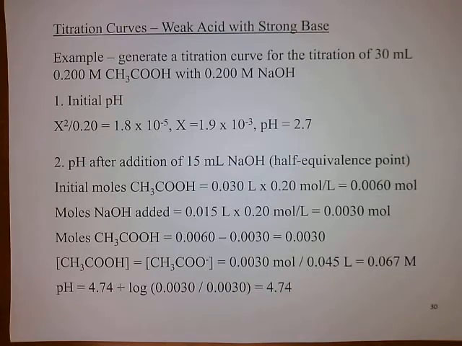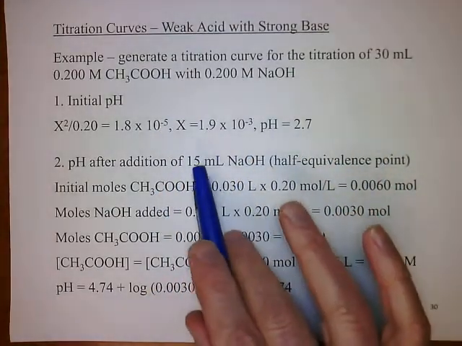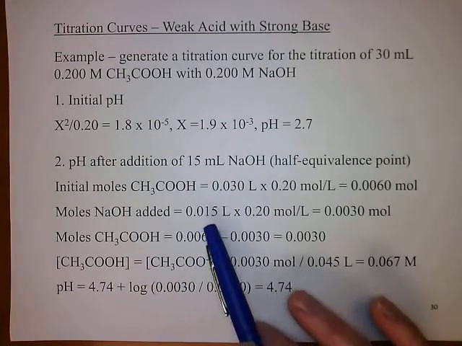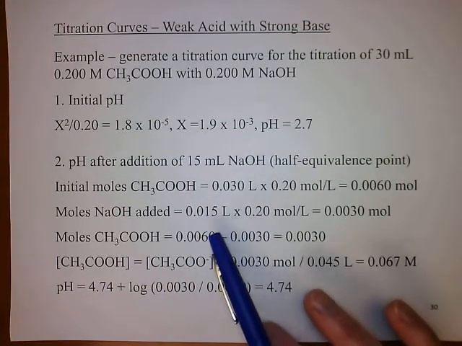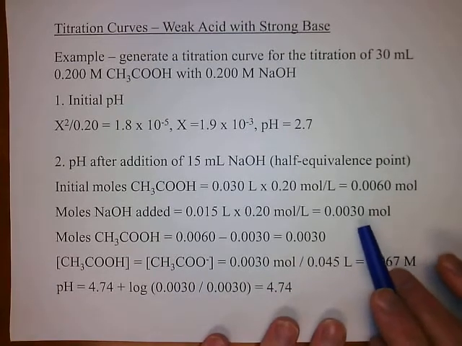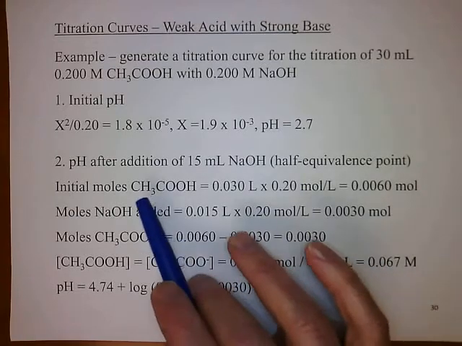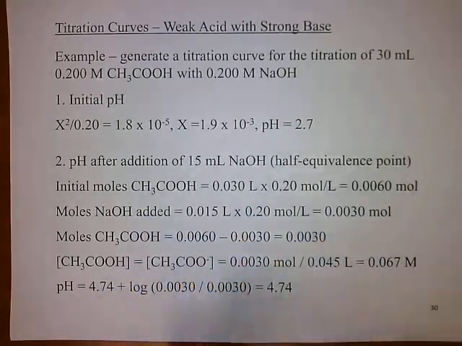So how many moles of sodium hydroxide have we added? 15 mL, stated in the problem, which is 0.015 liters times 0.2 mole per liter is 0.0030 moles. Okay, so we definitely have not added enough base to react with all the acid. We've added enough to react with half the acid.